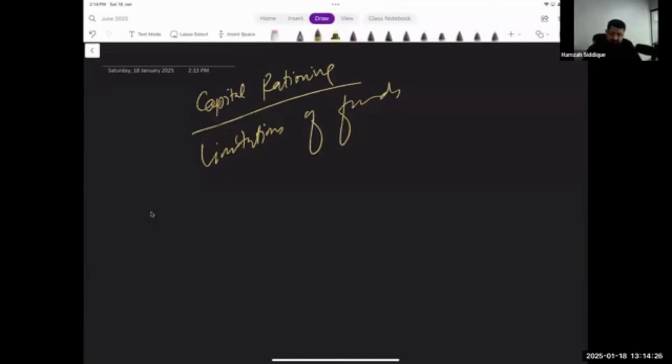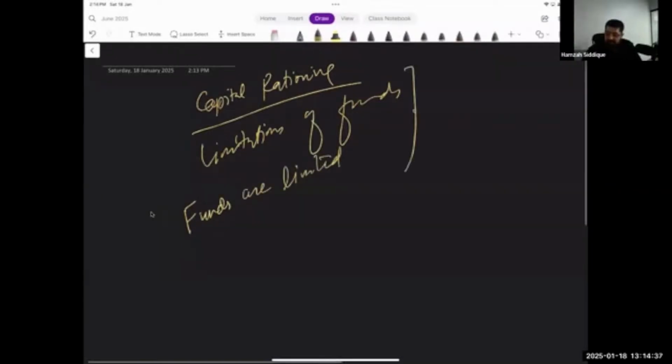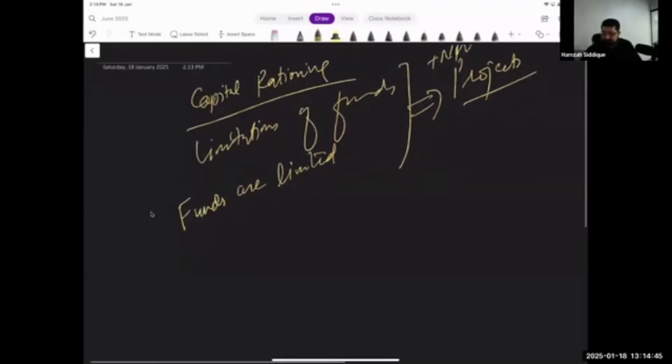Funds are limited. Projects are too many. There are so many positive NPV projects available. So we have to pick and choose. We cannot undertake every good project.